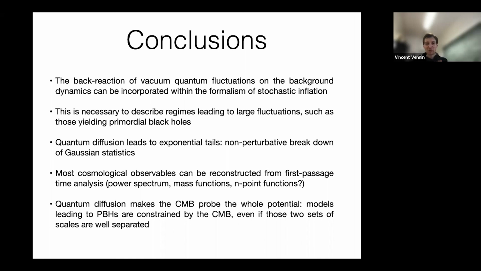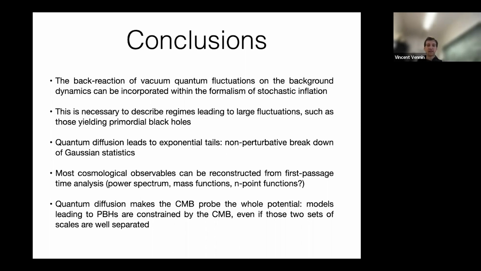The main message I want to convey today is that a generic and unavoidable conclusion of this analysis is that quantum diffusion leads to exponential tails, which is a non-perturbative breakdown of Gaussian statistics. So it's not something you can describe with f_NL, g_NL types of parameterization. So you do need to go beyond that.